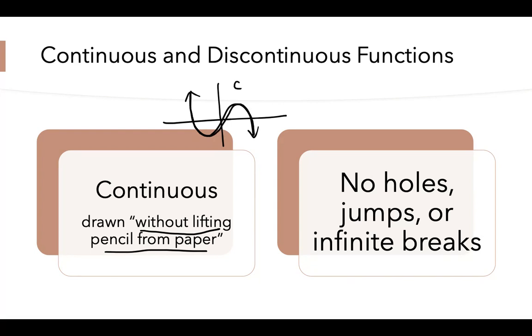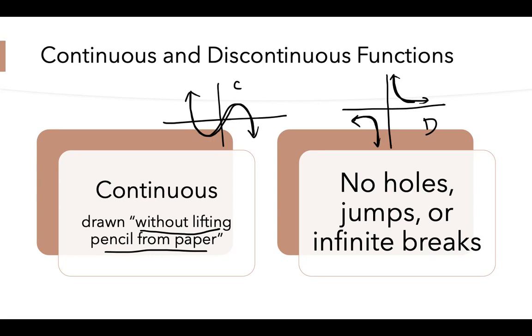This one is continuous. But on the other hand, let's say I have a reciprocal function. I'm going left to right, going down, but I have to lift the pencil to continue on the other side. So this is a discontinuous function.